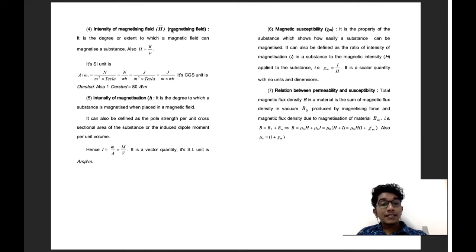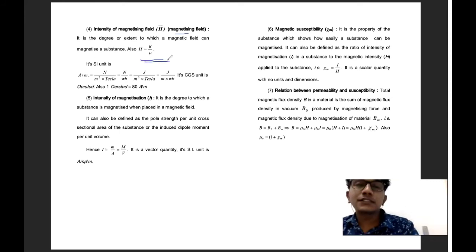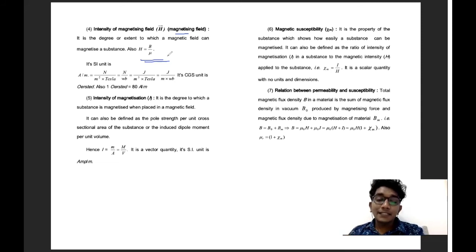It is the degree or extent to which the magnetic field magnetizes a substance. As we have already discussed, if you place a magnetic material inside a magnetic field, it will get magnetized, right? So it is the degree to which the magnetic field can magnetize a substance.